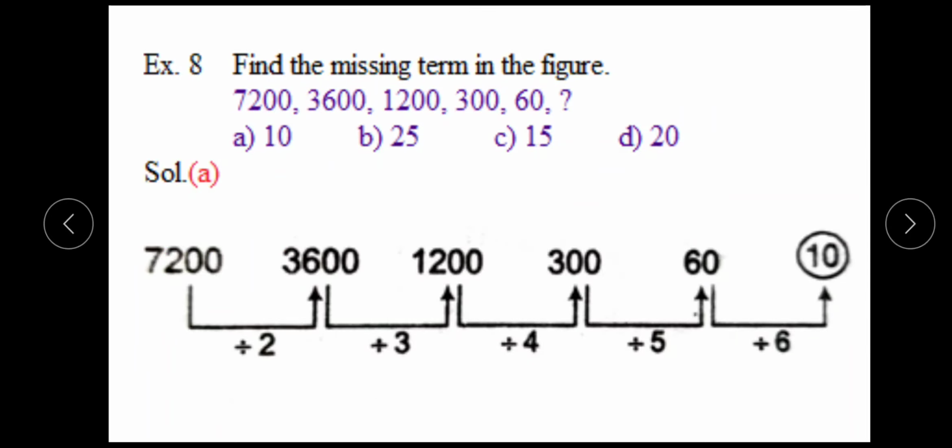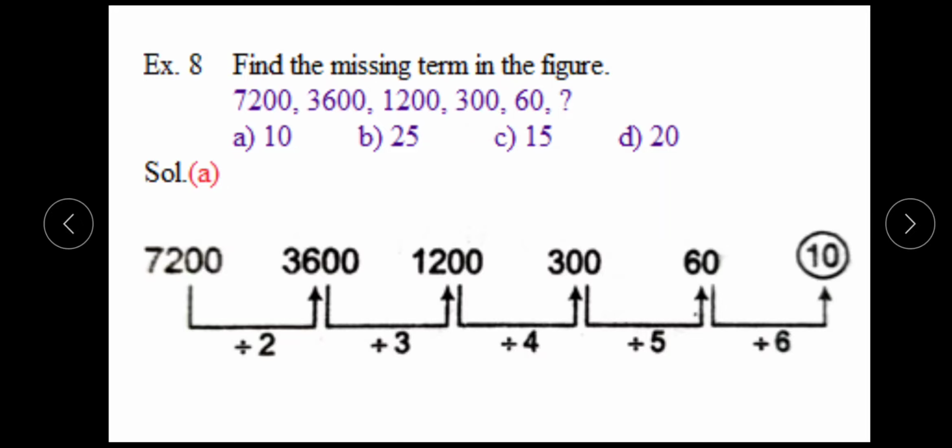If the terms are not divided by the same number, they can be divided by different numbers, but these different numbers will follow a pattern. How? If the question is 7200, 3600, 1200, 300, 60, what will be the next term?